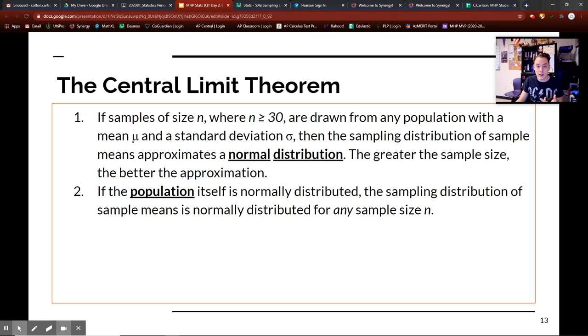You either need your n to be greater than or equal to 30, and then it's therefore normally distributed, or the population itself is normally distributed.